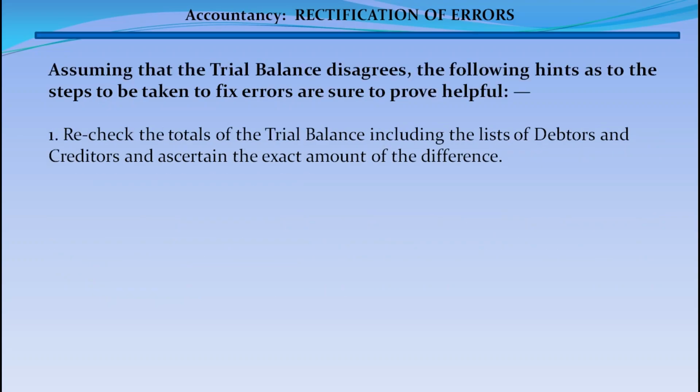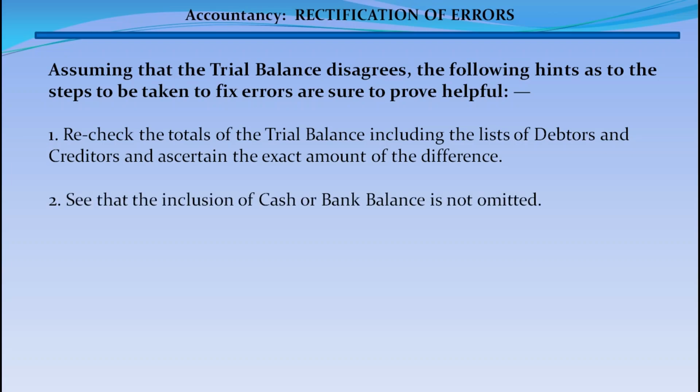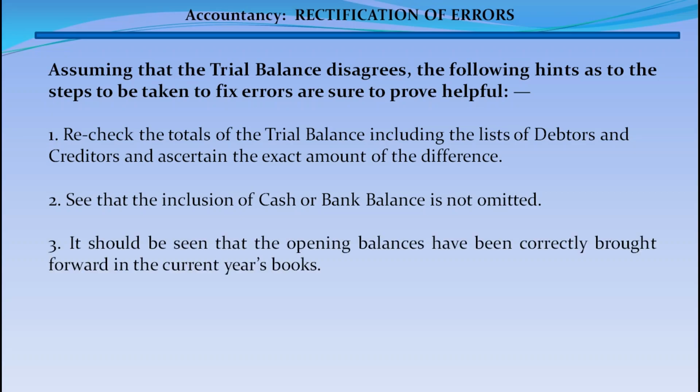Assuming that the trial balance disagrees, the following hints as to the steps to be taken to fix errors are sure to prove helpful. 1. Recheck the totals of the trial balance, including the lists of debtors and creditors, and ascertain the extent of amount of difference. 2. See that the inclusion of cash and bank balances is not omitted. 3.